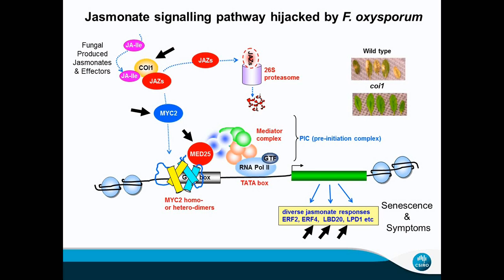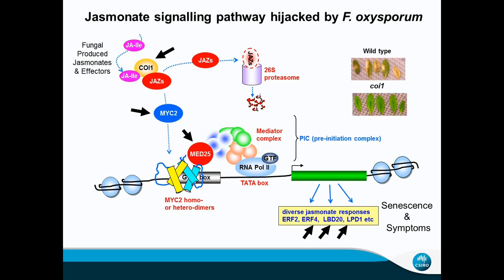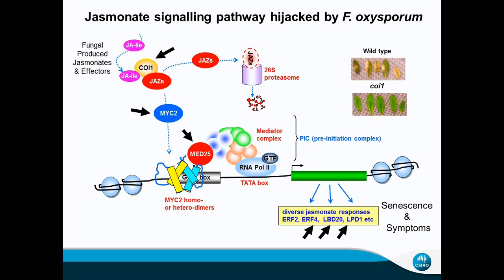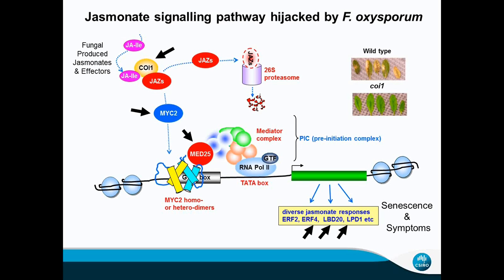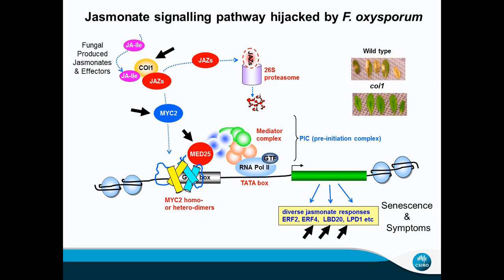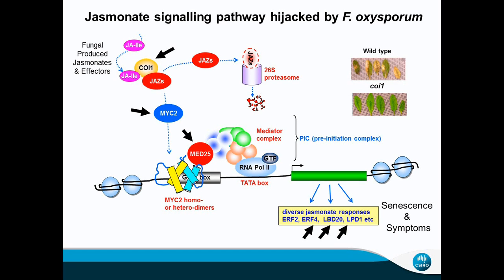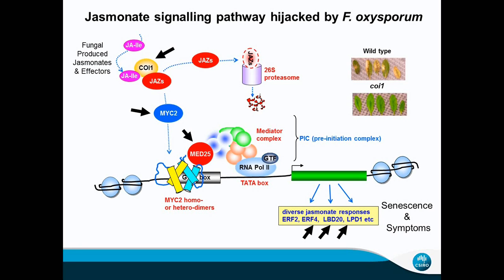This hormone is perceived by the COI1-JAZ co-receptors. COI1 is an F-box protein that acts as a receptor for the plant hormone jasmonate. In more recent years, it was shown that COI1 interacts with a number of proteins called JAZ proteins. These are proteins that are associated with suppressing plant defenses.